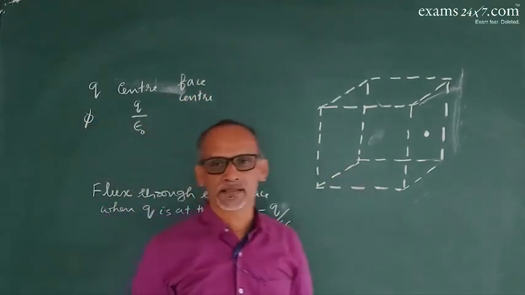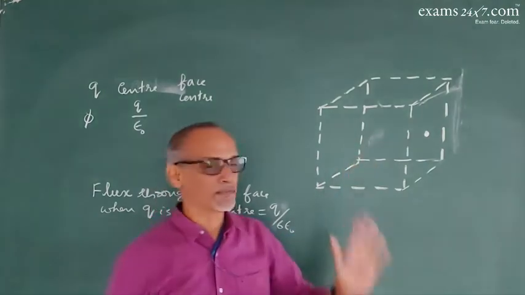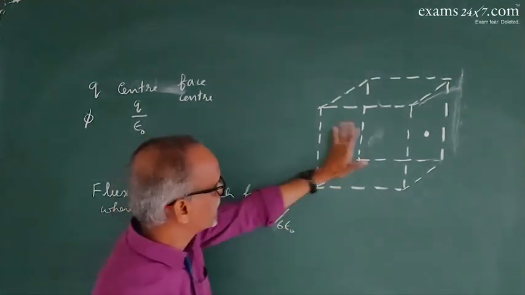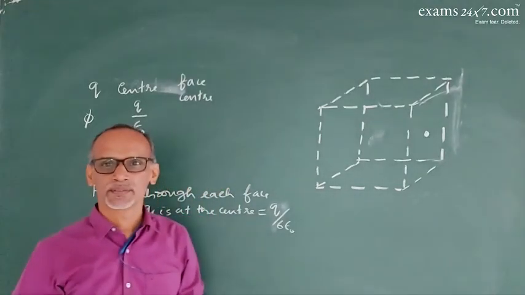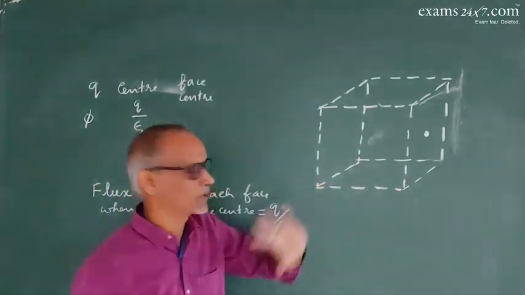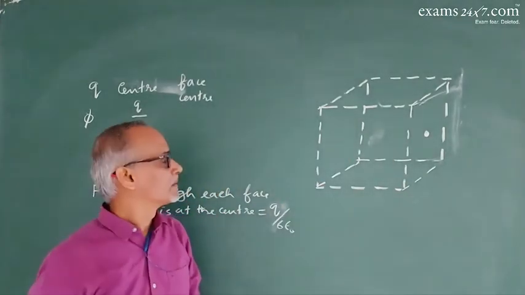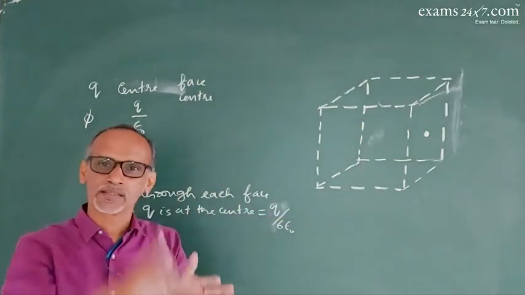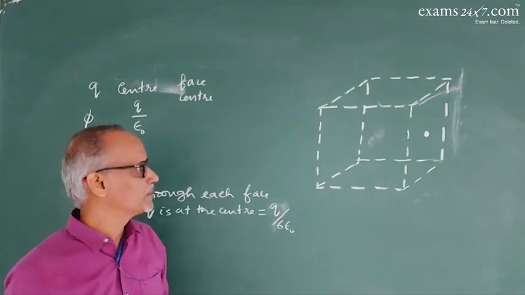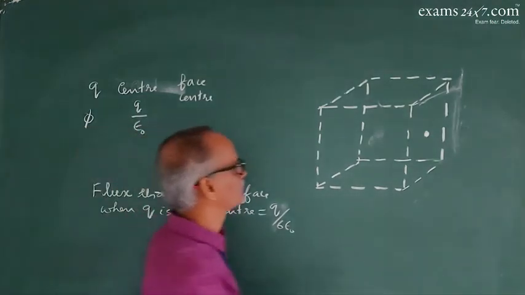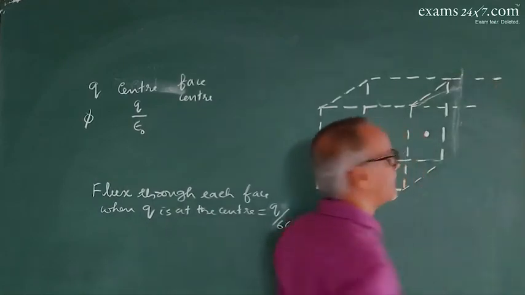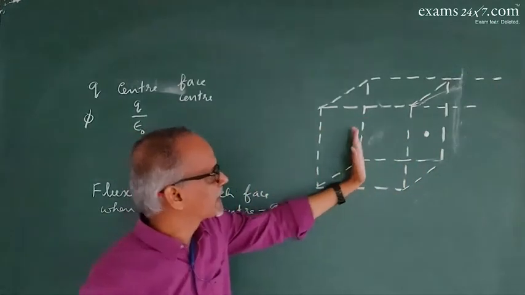To find the flux when the charge is at one of the faces, I cannot apply the Gauss theorem straight away to this situation, because the charge is not enclosed by the cubical surface, it is on the surface of the cube. So what you have to do is assume one more identical imaginary cube on the right hand side.